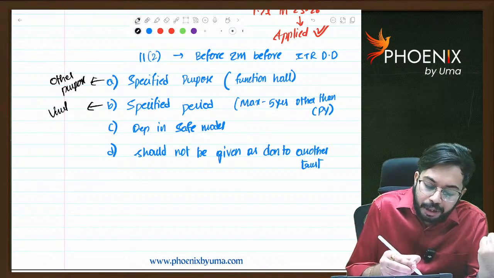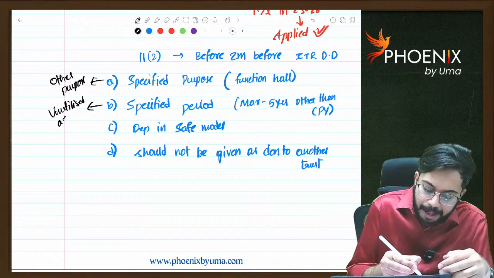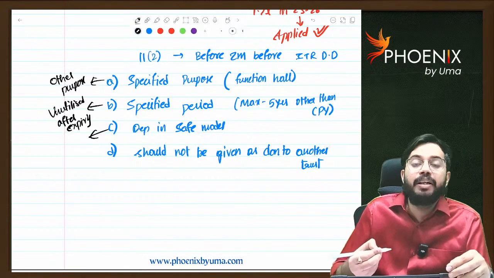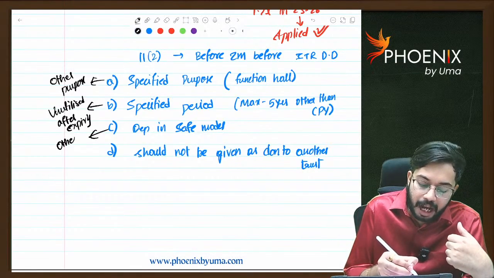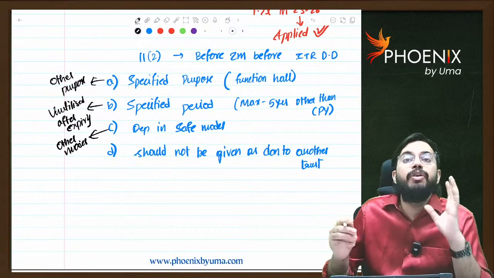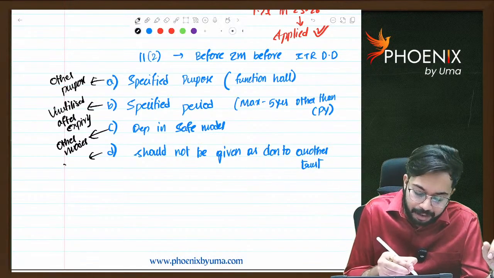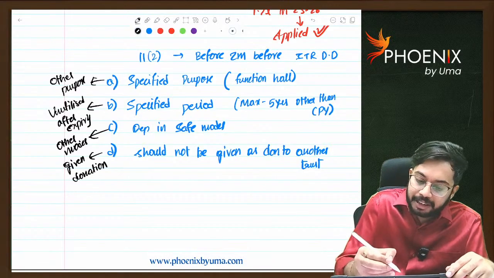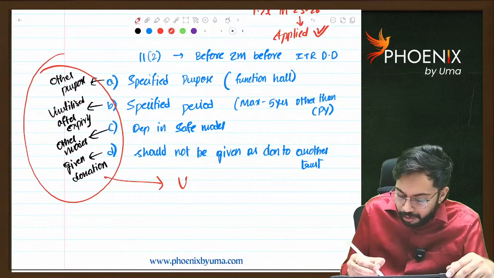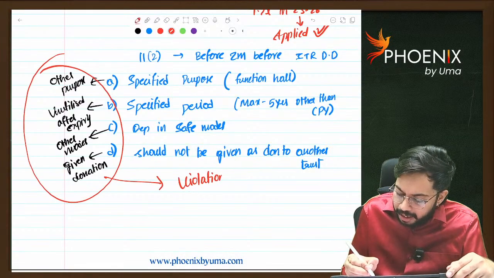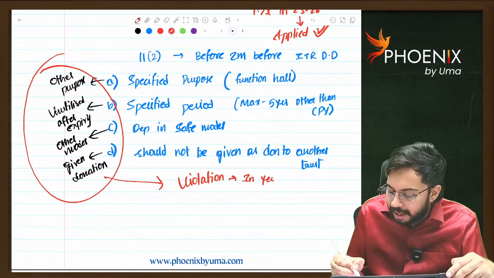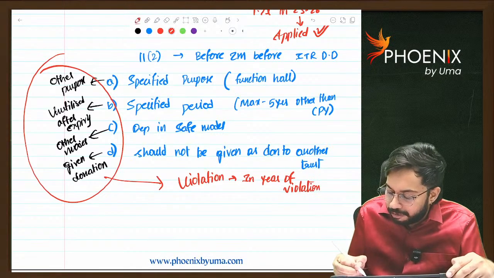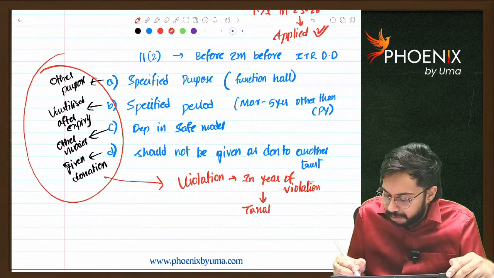So whatever unutilized money is there after expiry, and like you said you will deposit in safe modes but you have deposited in other modes, you said you will not give donation to any other trust but you have given donation, all these are violations. Whatever the violation is, in the year of violation it is taxable under section 115BBI at the rate of 30%.